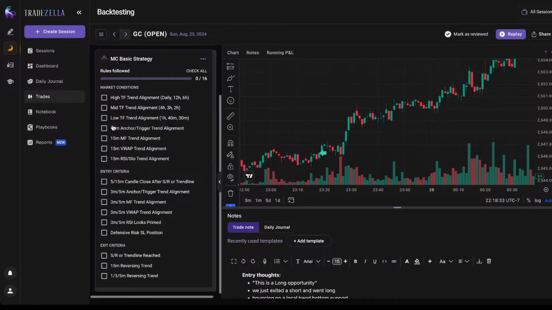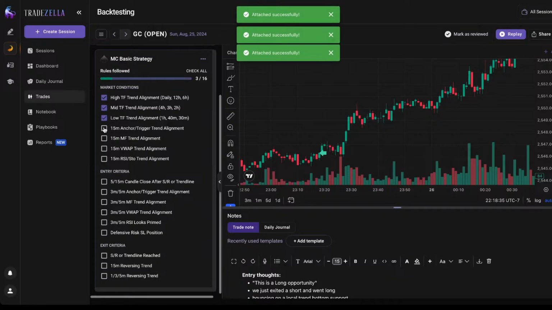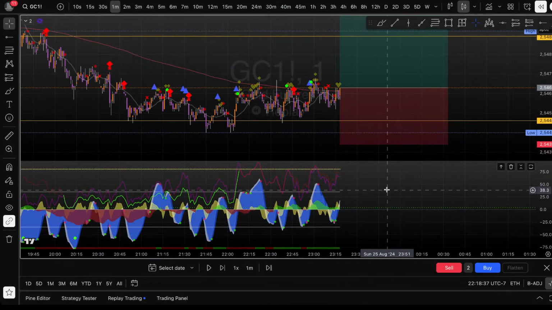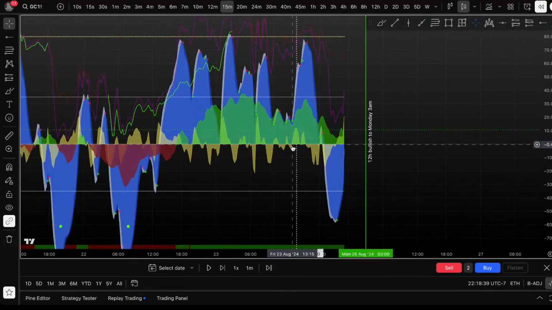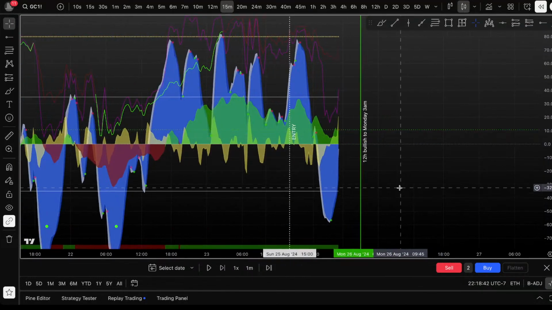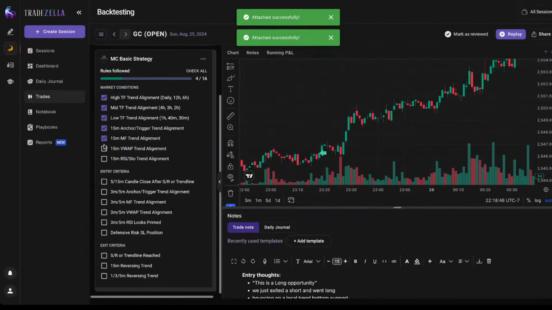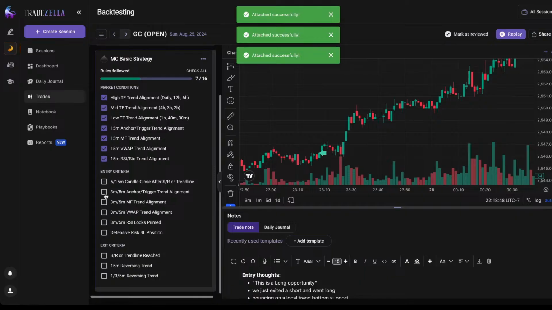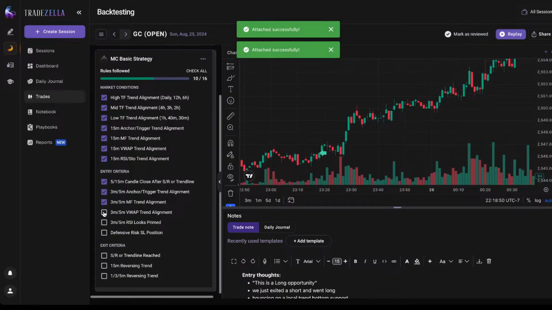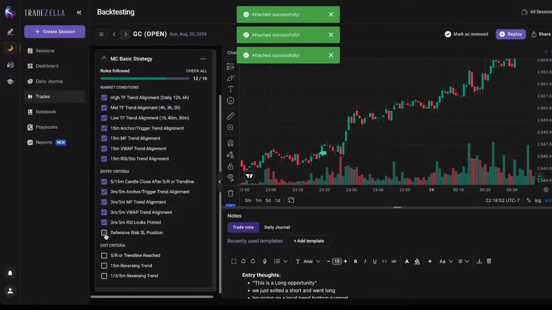Crap. We're hitting them here. Oh yeah. We're hitting them here. And we're hitting them here. Defensive. Yep. This is looking like a trade, folks.